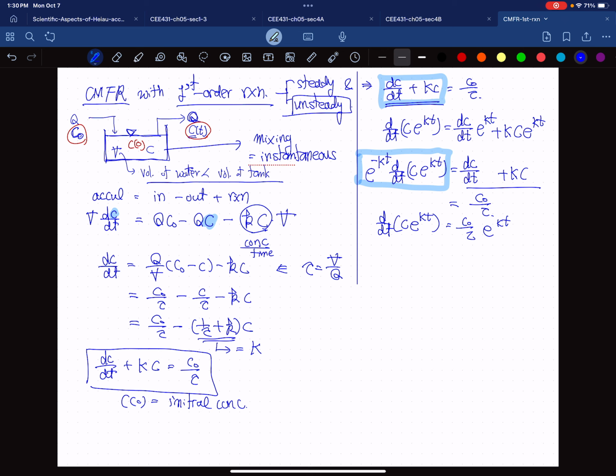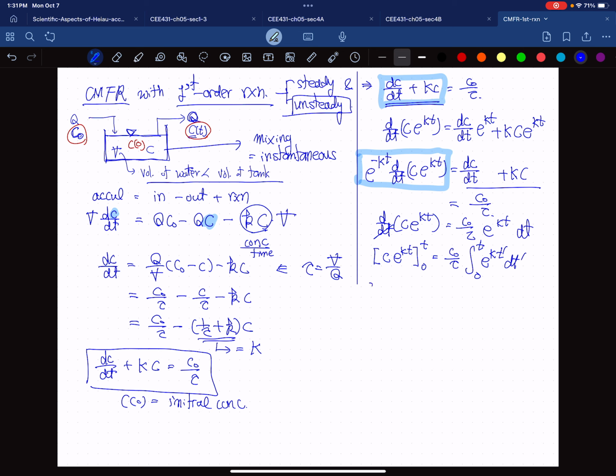Now you can integrate both sides by multiplying by dt, t from 0 to time t. Here your left-hand side is C exponential Kt, t from 0 to t. And then on your right-hand side, the constant comes out of the integral, and then you have exponential K t prime, dt prime, from t prime 0 to t.